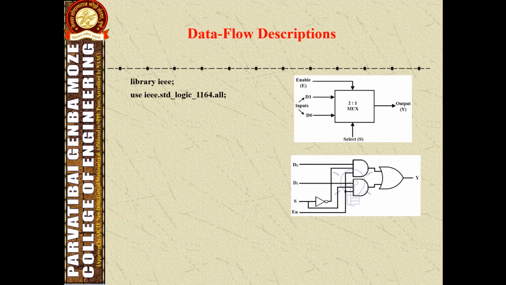The entity name in the system has two inputs and two outputs, as we saw in the previous lecture while discussing the half adder, where we saw a small example using data flow description.